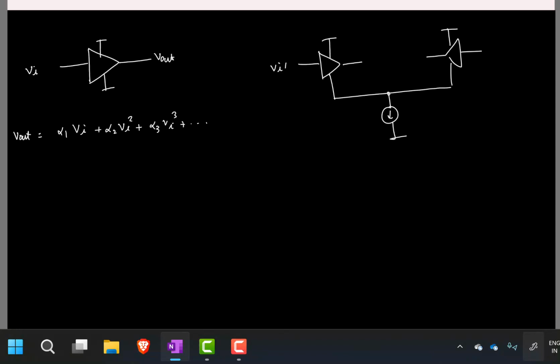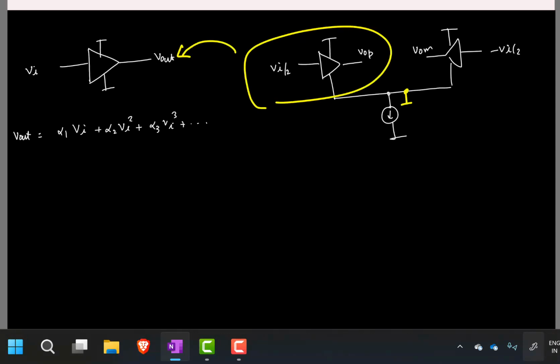And here I'll apply half the input, minus half the input. Say this is VOP and VOM. Of course, since I'm applying a purely differential signal, this is incrementally short. So now we have basically reduced it to the single-ended amplifier.